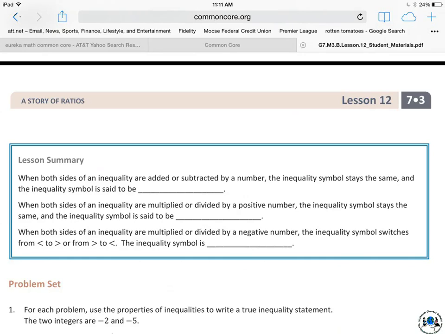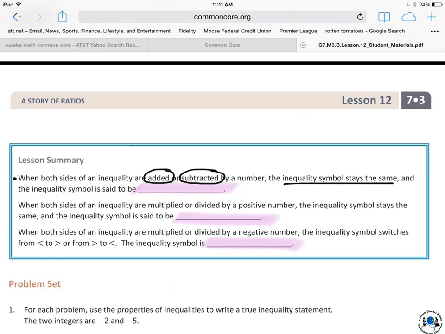All right, so if you take out your lesson summary sheet, we have a couple of blank lines here to fill in. Go ahead and read this together and then fill in those blank lines. So firstly, when both sides of an inequality are added or subtracted by a number, the inequality symbol stays the same.